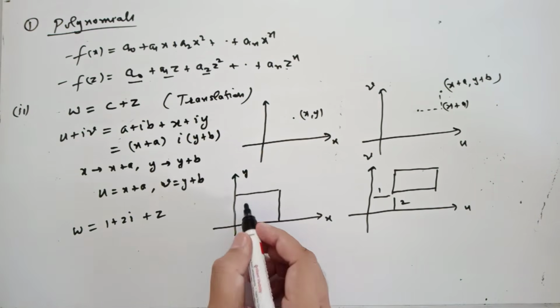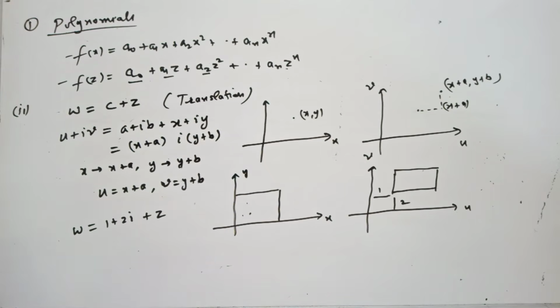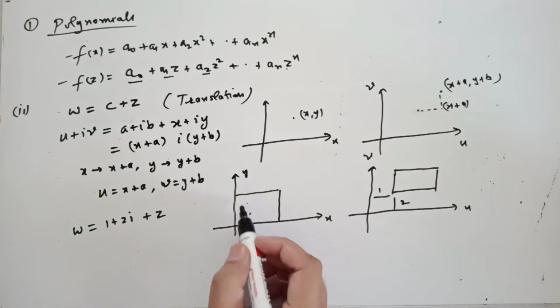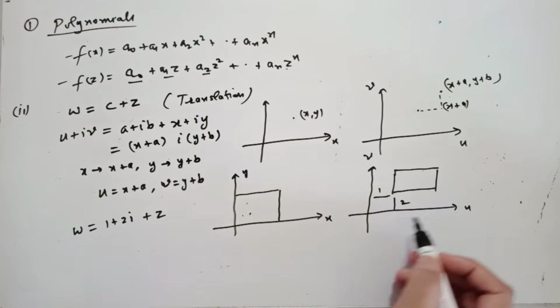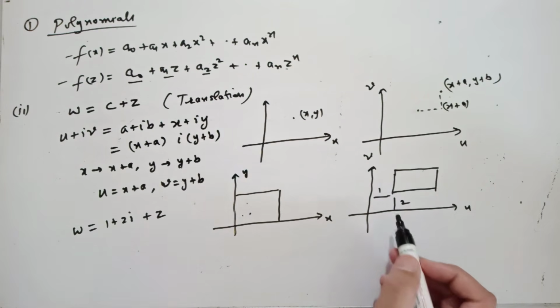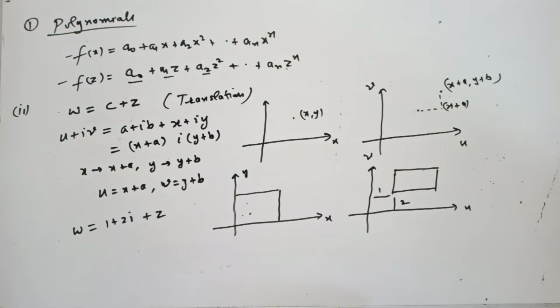So in a way, this rectangle is translated from this position to this position, meaning 2 units along the y direction and 1 unit along the x direction. So that's why this mapping is translation.